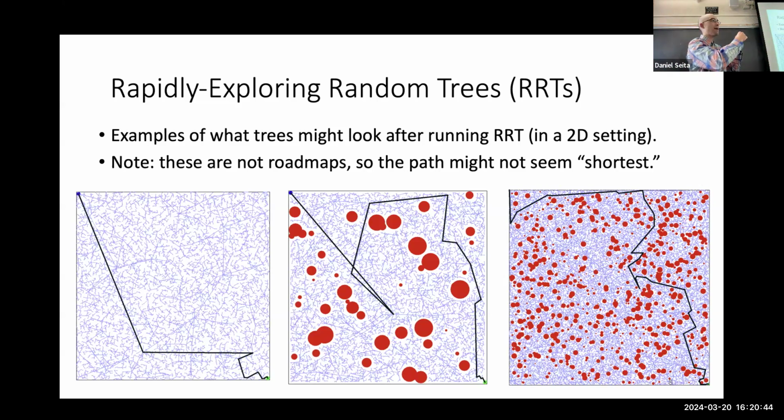You just stop when your tree reaches the goal. If you want to clean up this path, you have to do post-processing, which in practice almost always happens when you run RRT anyway. The reason for these paths is just the nature of which points got sampled and how the tree grew.